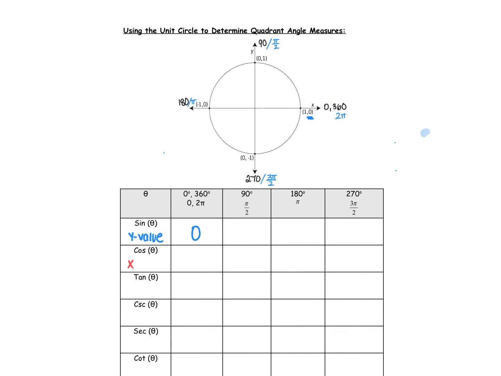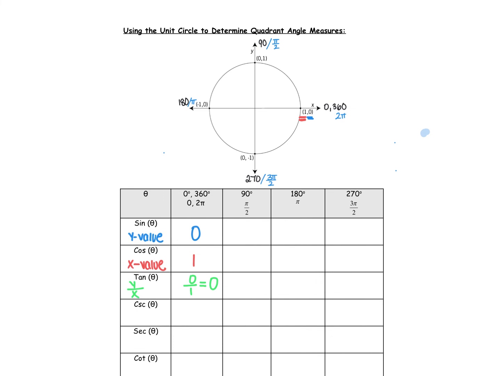We know cosine is the x value, so I'm going to look over here at the same angle measurement. At 0 or 360, my x value is 1. And if I want to find tangent, we know that tangent is the y value divided by the x value. The y value was 0 and the x value was 1, and 0 divided by anything will reduce to 0.